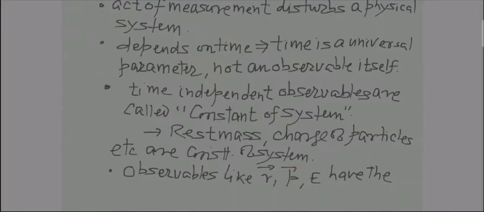Similarly, it is written over here that time independent observables are called constants of the system. Examples are rest mass. As we are taking non-relativistic motion, I had already told you that Schrodinger developed his entire mechanics non-relativistically, right? Because the relativistic Schrodinger equation is basically your Dirac equation.